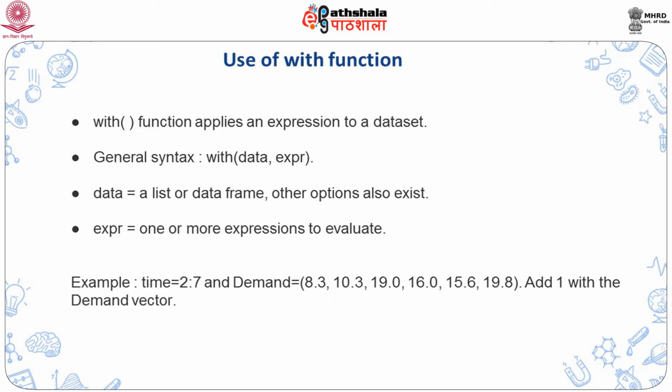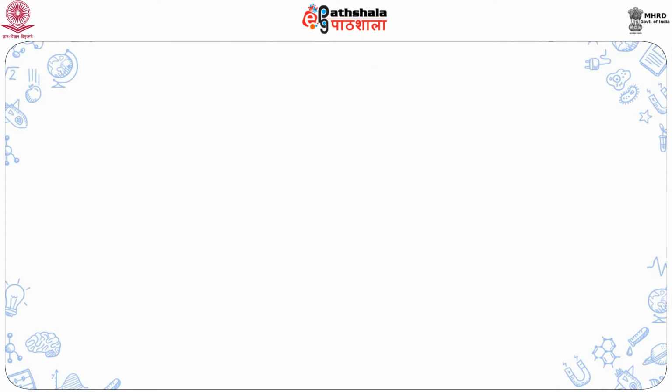Here, suppose t is equal to 2 to 7 and demand is equal to these 6 elements given within a vector, and we are adding 1 to the demand vector. So, first we need to make a data frame.